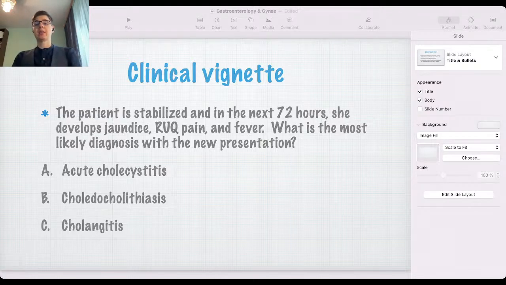Please let me know your answers in the chat box. B, choledocholithiasis. Okay, Shekhar. This is one answer. Does anybody have any other opinion? Also a B. Okay.